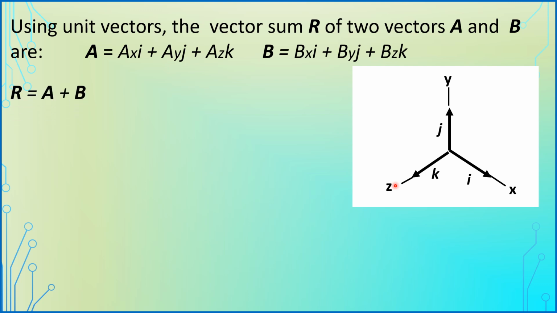So, how is vector R, which is the sum of vector A and vector B, expressed in terms of these unit vectors?